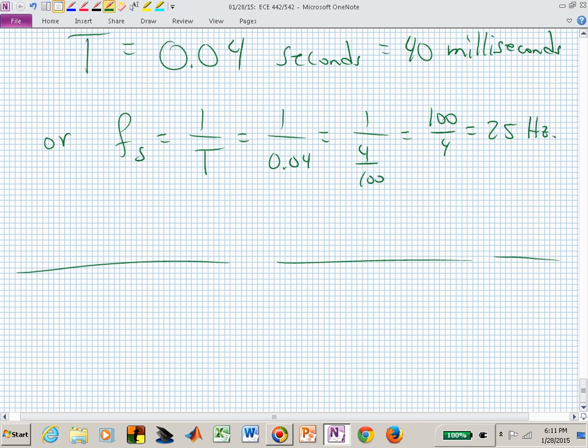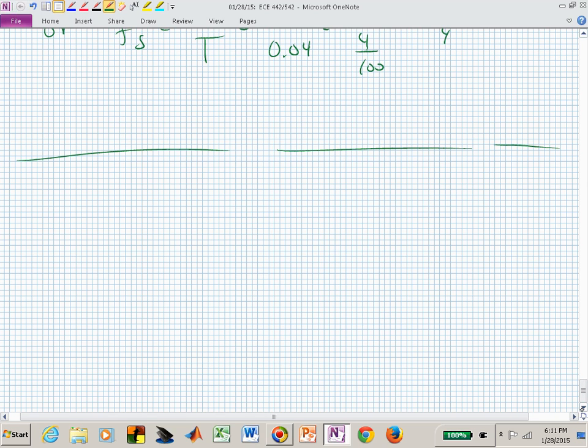Okay? So now let's look at a slightly different issue, and that is now this ability to go back and forth between time domain and frequency domain. Let's now talk about converting.